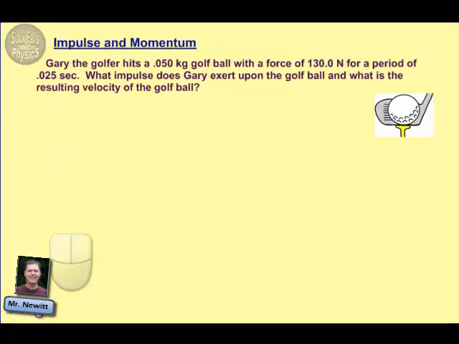Let's start with the impulse. That's our first key here. We know that the impulse is a change in momentum, and one of the ways we can find the impulse is to take the force exerted on an object multiplied by the time that force is exerted.